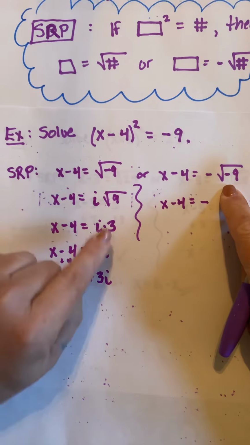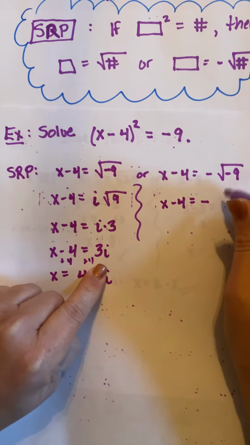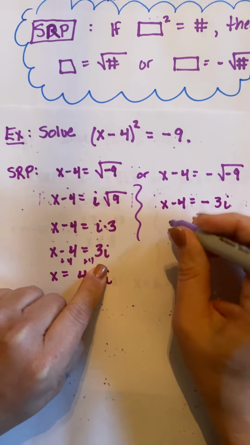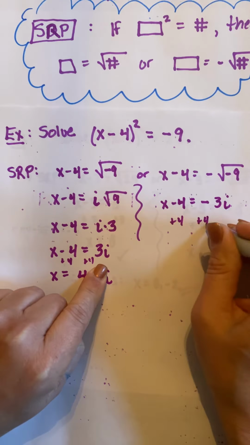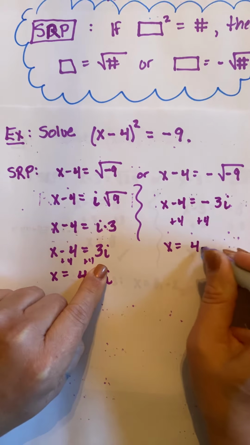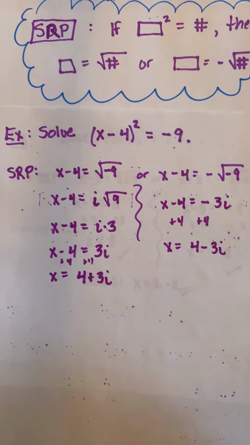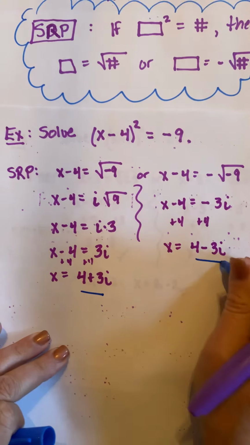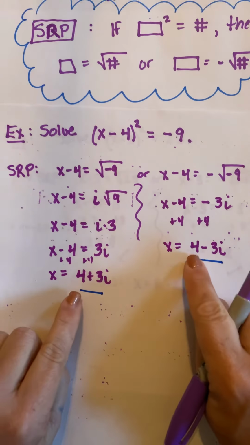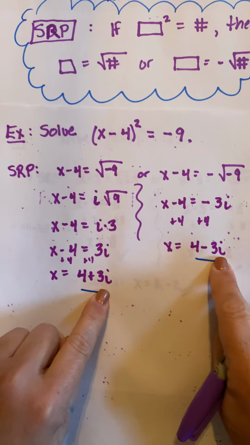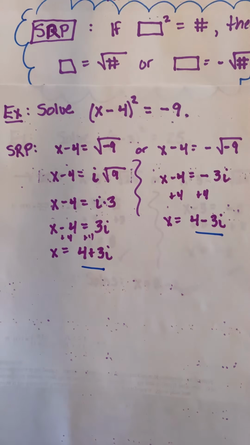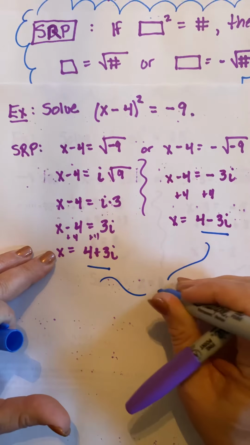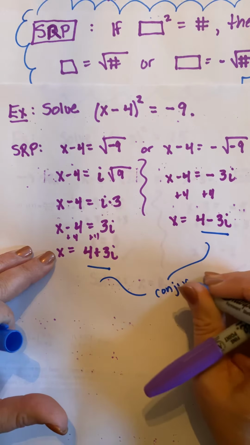Well, we know the square root of negative 9 is 3i, so negative 3i. We add 4 to both sides. We get x is equal to 4 minus 3i. So notice the relationship between these two numbers. The real part is exactly the same. It has the same sign, but the imaginary part changes sign. These are conjugates. And again, not a coincidence.